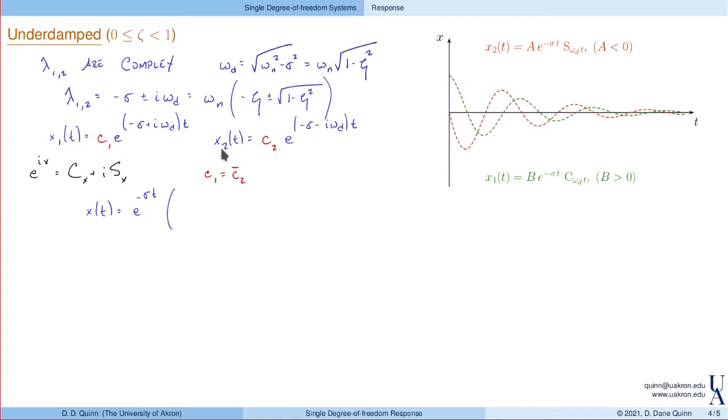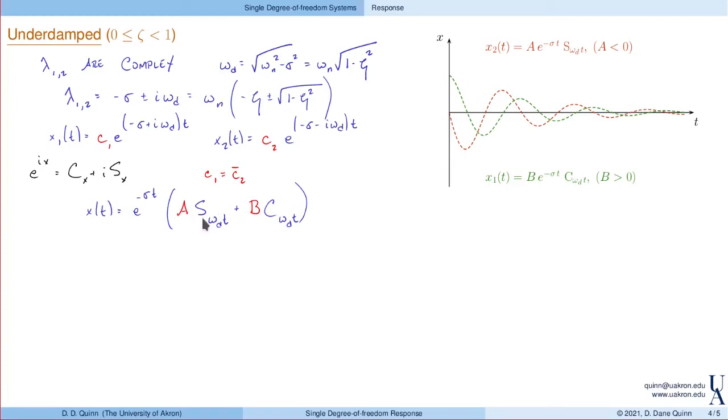And then these arbitrary constants C1 and C2 can be rewritten as a, just an amplitude, times sine omega d times t, plus b times cosine omega d times t. Once again, we've taken these two arbitrary constants, C1, C2. If they are complex conjugates, then the solution reduces down to a purely real function.